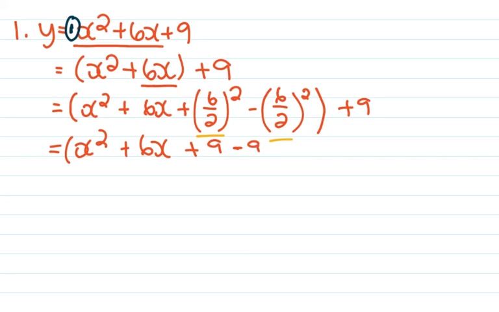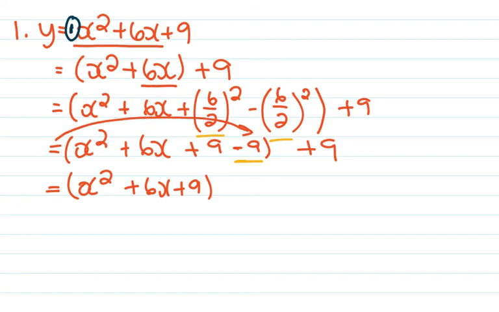So plus 9 minus 9 plus 9. Now I'm going to get rid of the negative term in the bracket. That last term we always want to end up taking back out. So in order to take it back out, we typically have to multiply it by the a value. There is no a value, so we can just take it out.